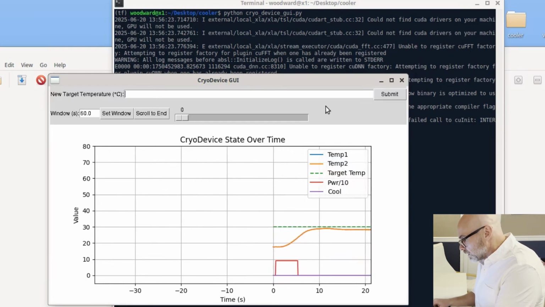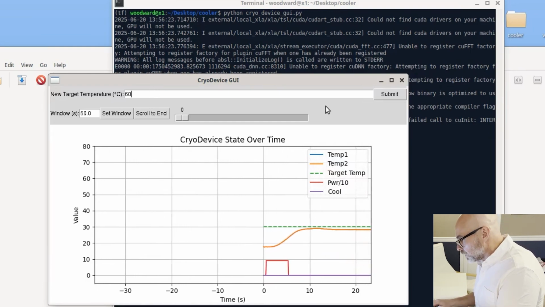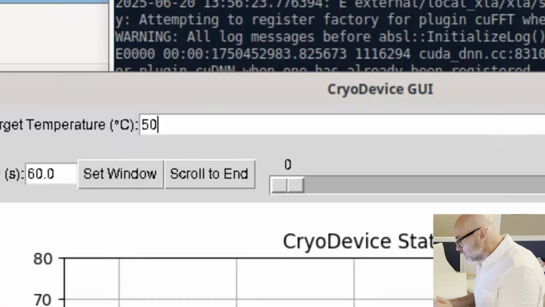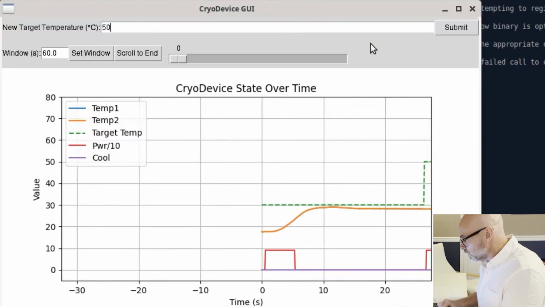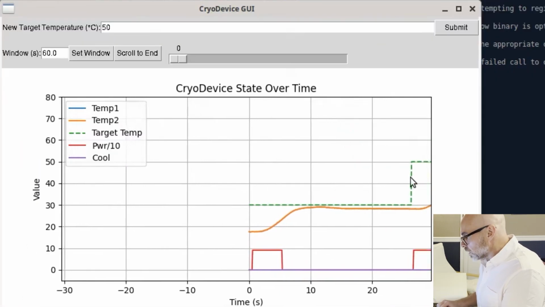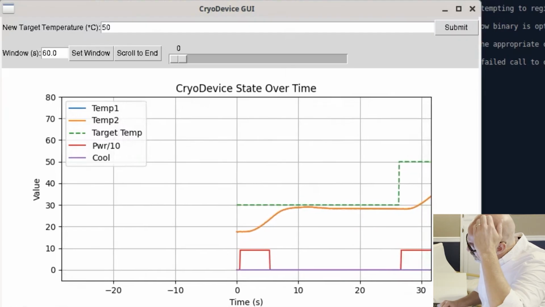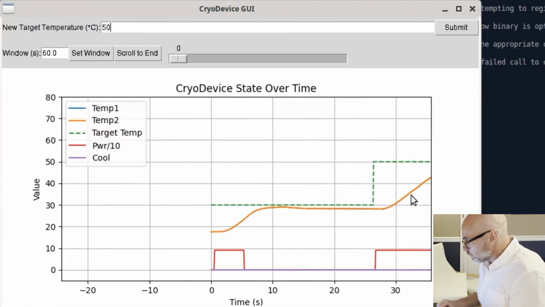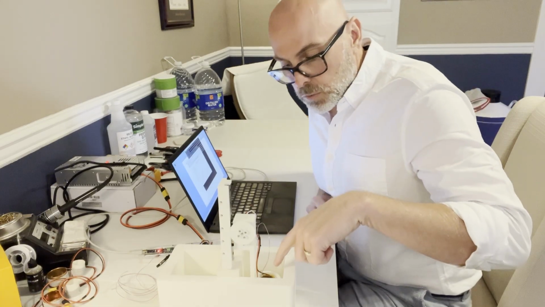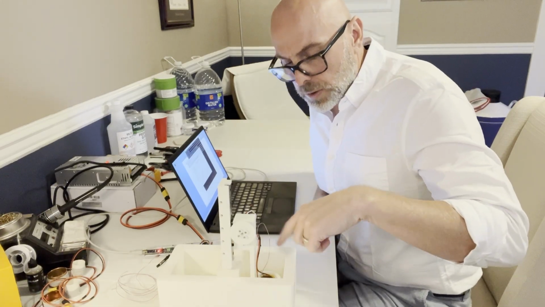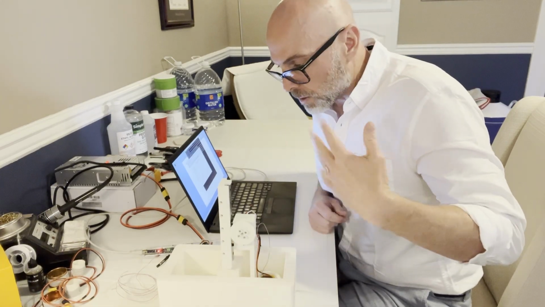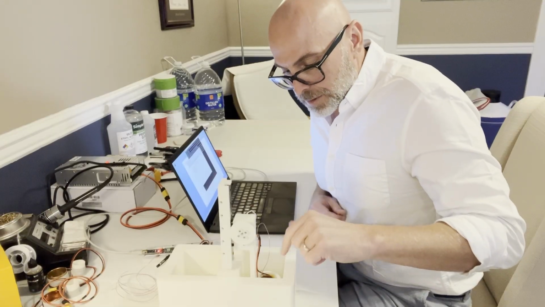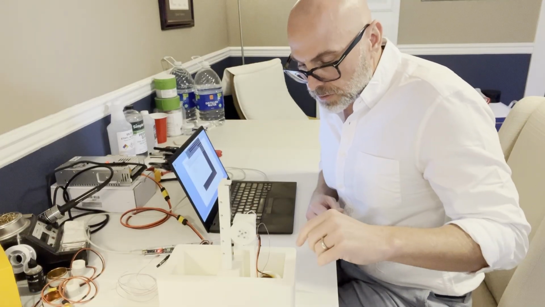It's holding it there, and now we can command it to go to, let's say, 50 degrees. So we'll command it up to 50 degrees. The controller sees that target temperature, turns the power on. That's this power on, and then we're rapidly warming up. I can kind of smell it.